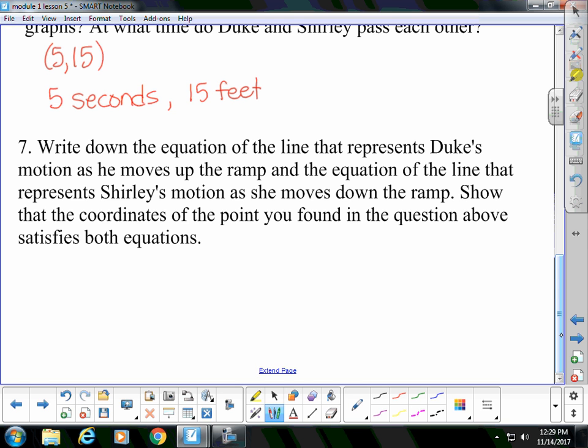Okay, so starting off first with Duke. His equation would be y equals, we're writing our equations. The equations are always y equals mx plus b. So his slope, we said, was 3, if I remember correctly.